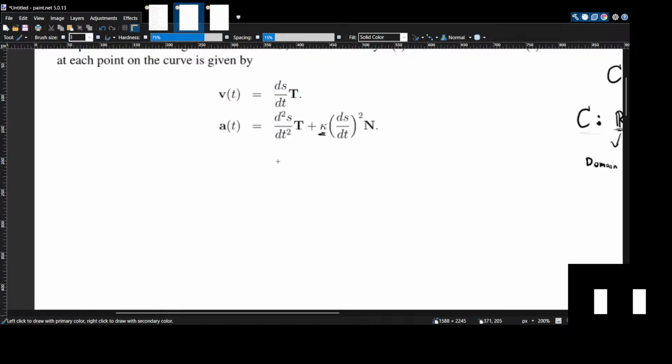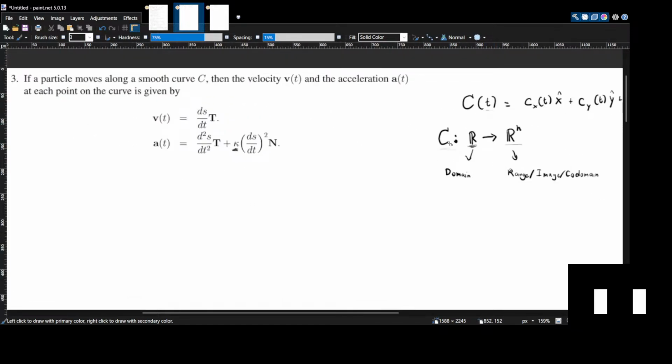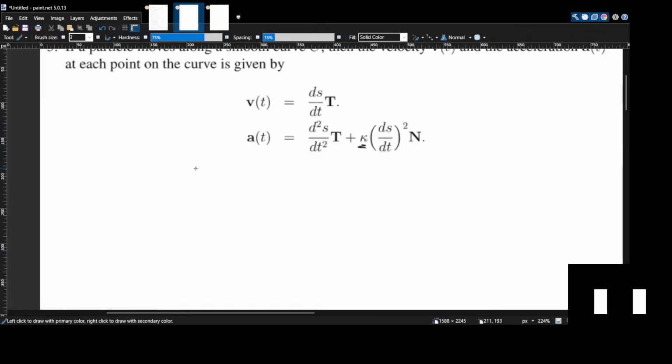So obviously C here is a vector function, it outputs a vector. So if we have a C over here, really this vector tells us where something is as a function of time. This curve tells us where something is as a function of time.